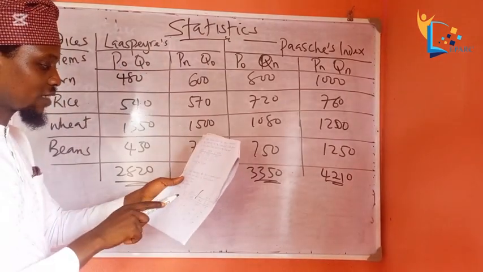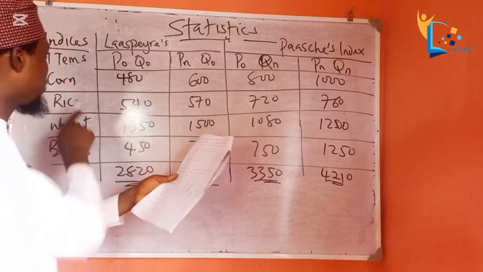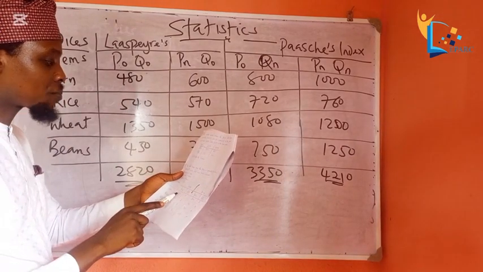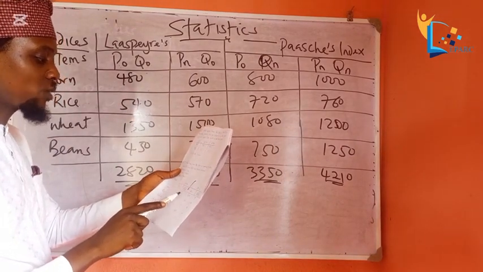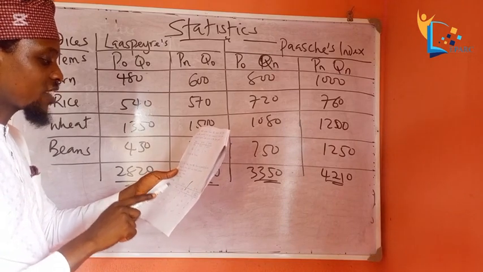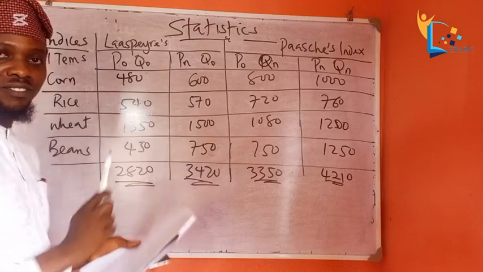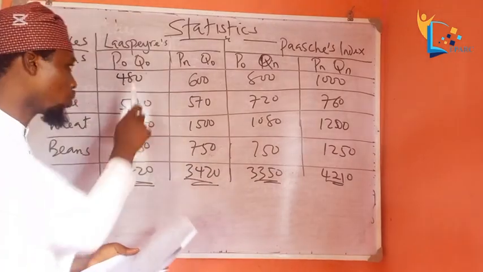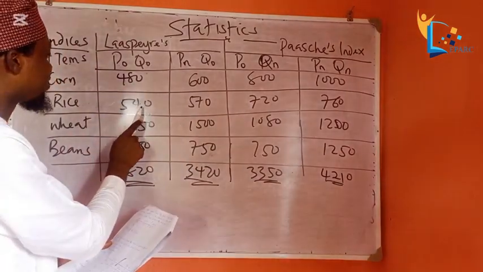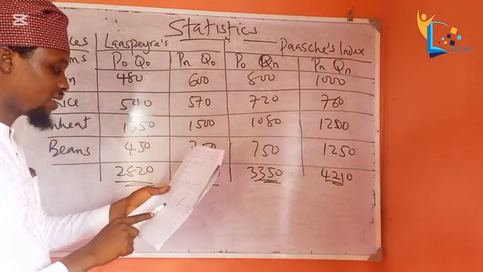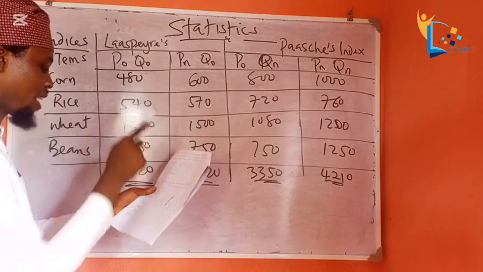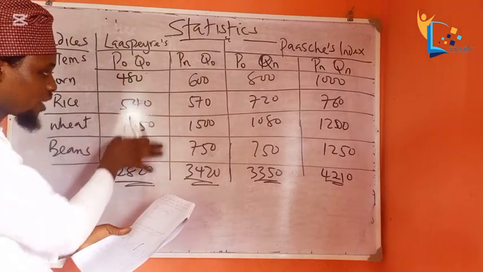You go to 2013. For the first one, corn. The base price there is 160. The base quantity is 3. So 3 times 160 will give us 480. That was how we got this one. Then you come down for rice, the same thing. Base price times base quantity, 180 times 3. And so on and so forth.